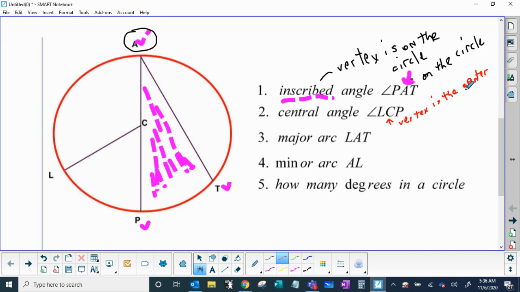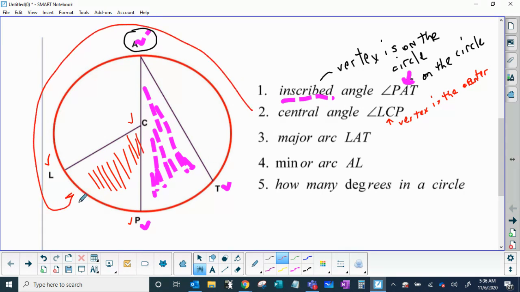So now let's go to mark that location. L, C, P. Central angle. Okay? All right. And that purple went to that number 1.